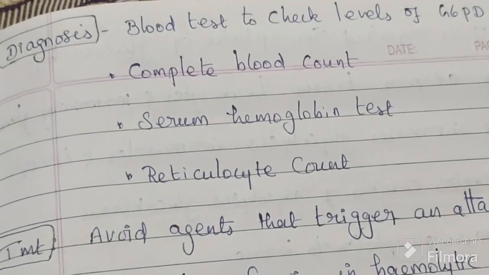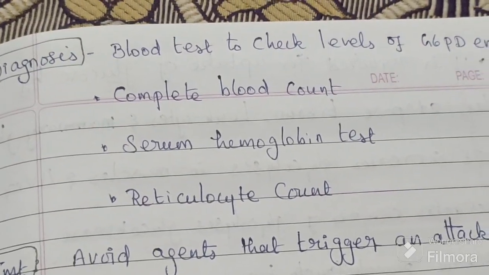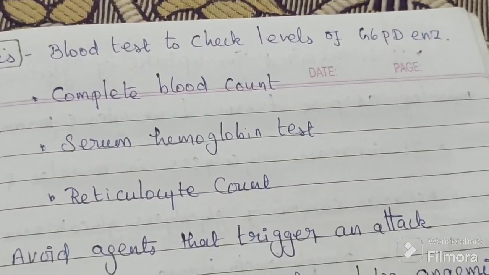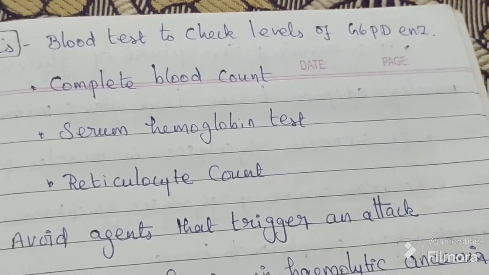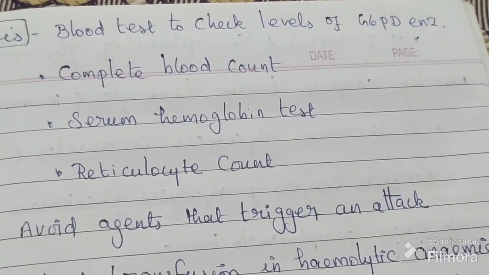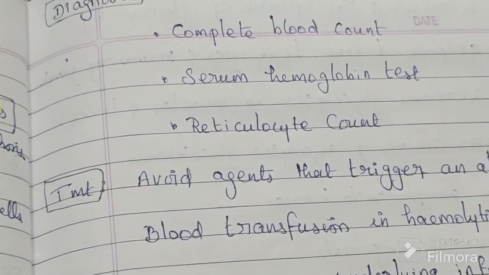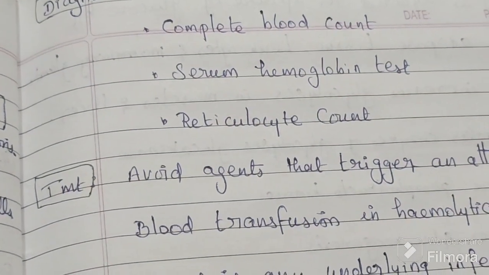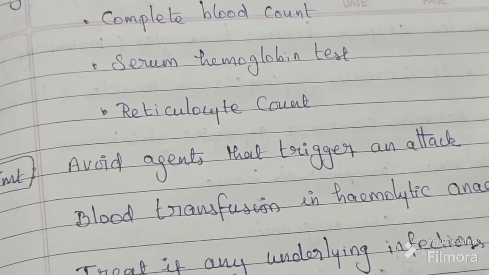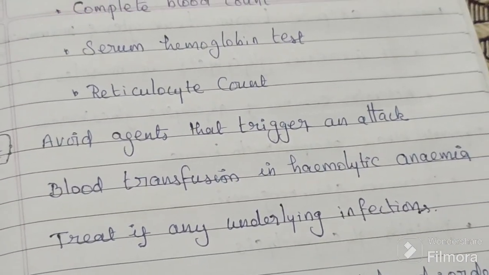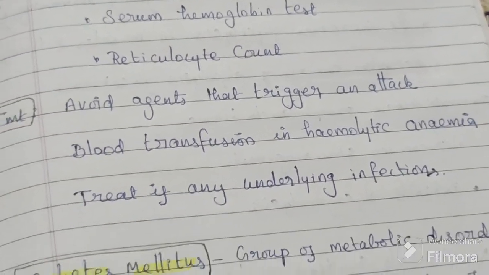Diagnosis: blood test to check level of glucose 6-phosphate dehydrogenase enzyme, complete blood count, serum hemoglobin test, reticulocyte count. Then treatment: avoid agents that trigger an attack, blood transfusion in hemolytic anemia, then treat any underlying infection.